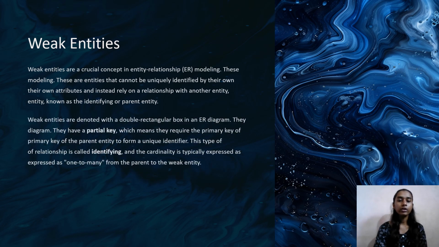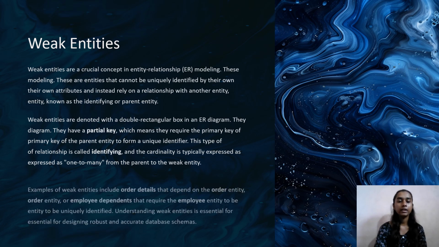Weak entities are denoted with a double rectangular box in an ER diagram. They have a partial key, which means they require the primary key of the parent entity to form a unique identifier. This type of relationship is called identifying, and the cardinality is typically expressed as one to many from the parent to the weak entity.